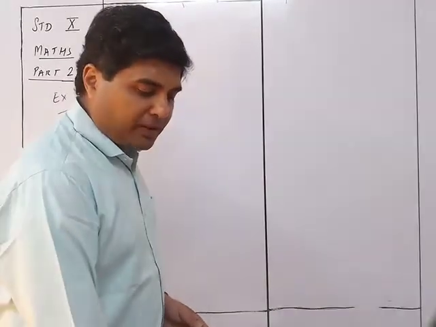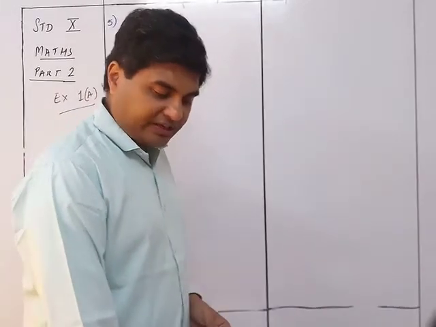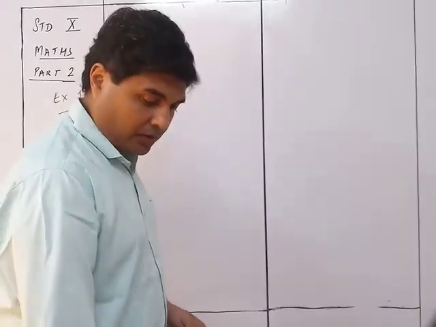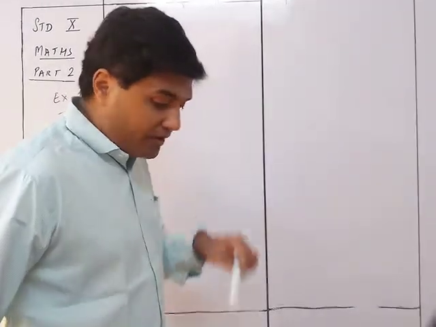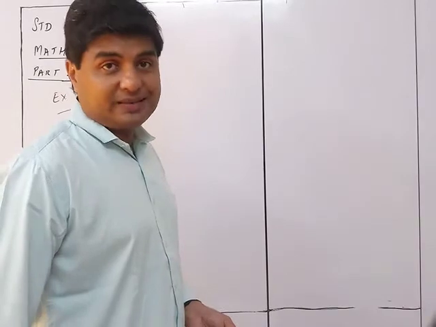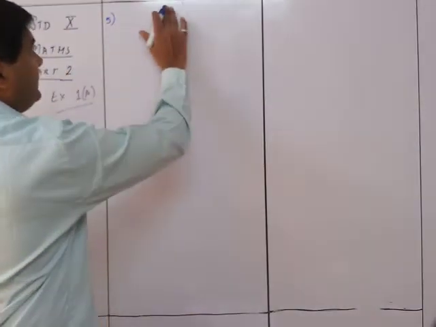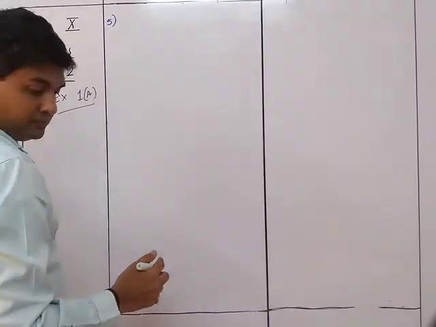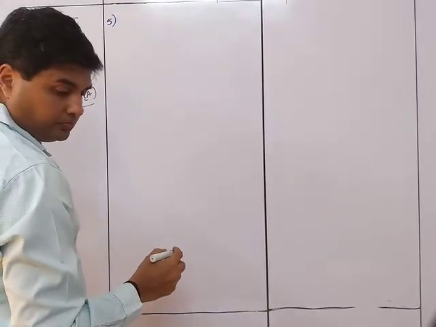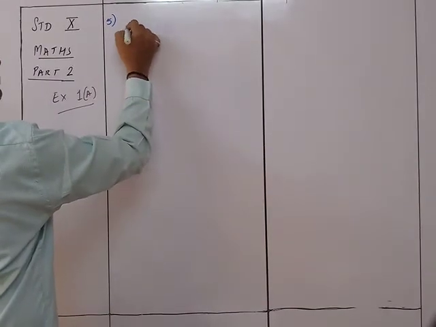Find the amount of the bill for the following interstate transaction of goods. The GST rate is 18%. So we are given the quantity, the MRP, and the discount. Let's see the first thing. We have item 1, so we can write here item 1.